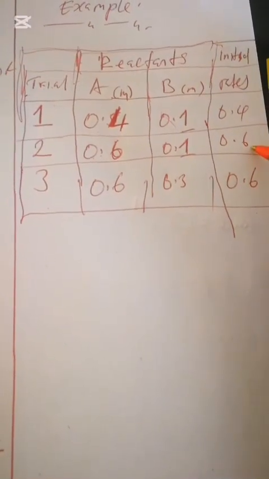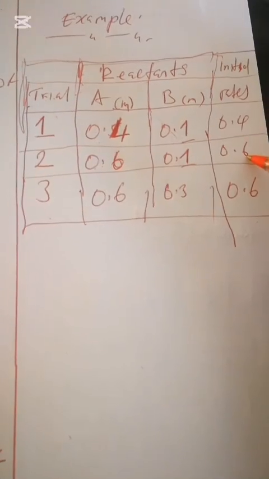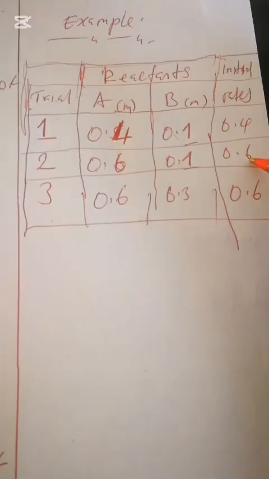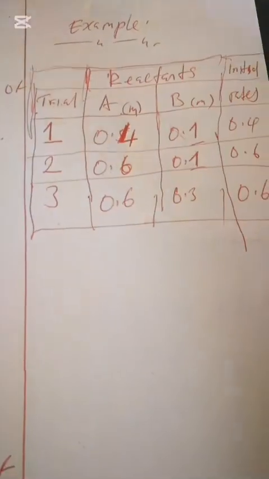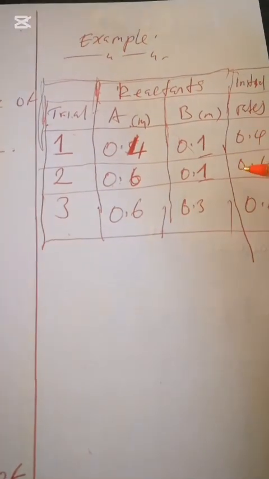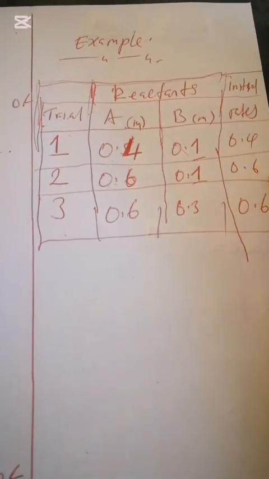So the rate changed. This means that A has an effect on the reaction, because when they increase the concentration, the rates changed from 0.4 to 0.6.